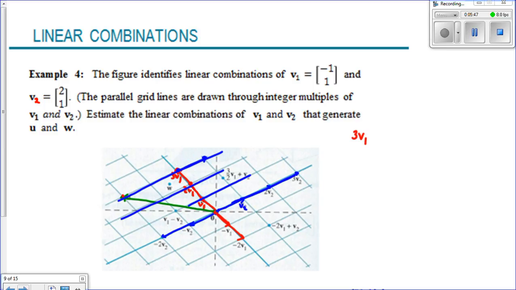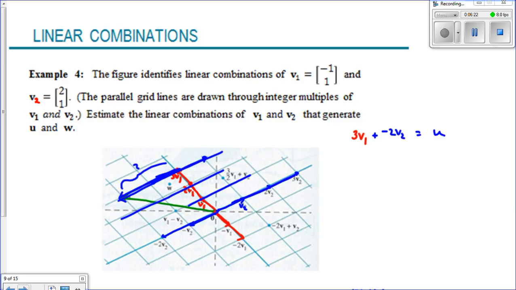But we want to go in the opposite direction, so we add negative v2. Here's negative v2 added to 3v1, negative 2, notice the 2 units here. We've got 2 of these units. This is a unit in that direction parallel to it. So negative 2v2 added to 3v1 gives us the vector u. So again, think of it as a coordinate system.